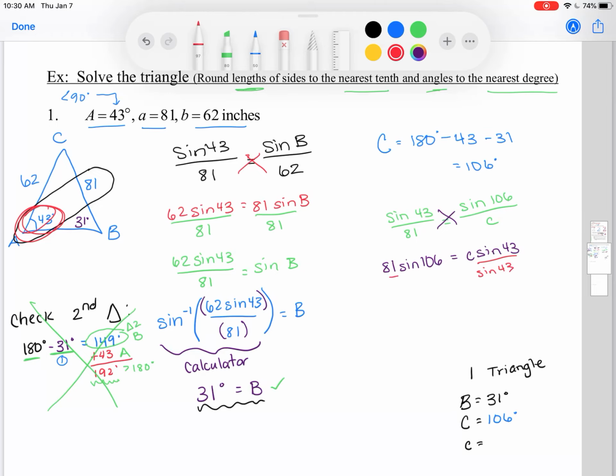Divide both sides by sine 43. Again, make sure your calculator is in degree mode. We have yet to use radians quite this year. And when I do that in the calculator, remember parentheses if you need to add those so your calculator can tell the difference. And we should get 114, rounded to the nearest tenth, 0.2.